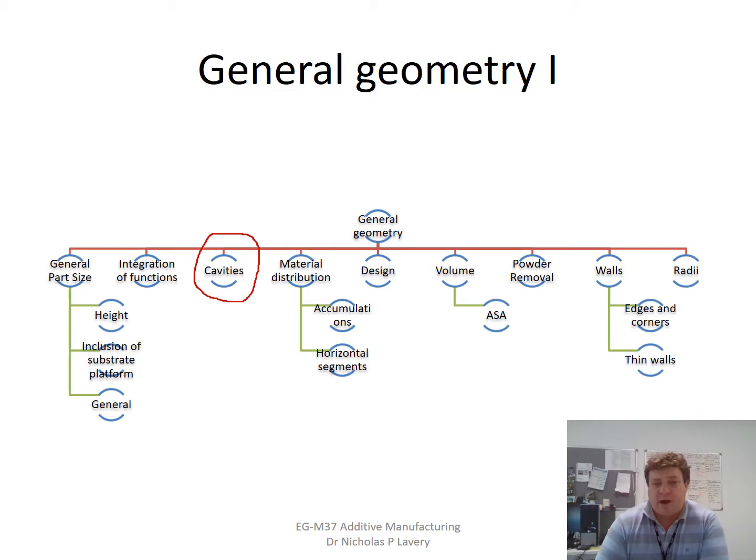Other things, okay, the design, that's what we're talking about. Volume, the powder removal I've mentioned already. Walls, so thin walls sometimes may not build so well, and you have to take into account the way in which we design the edges and corners.